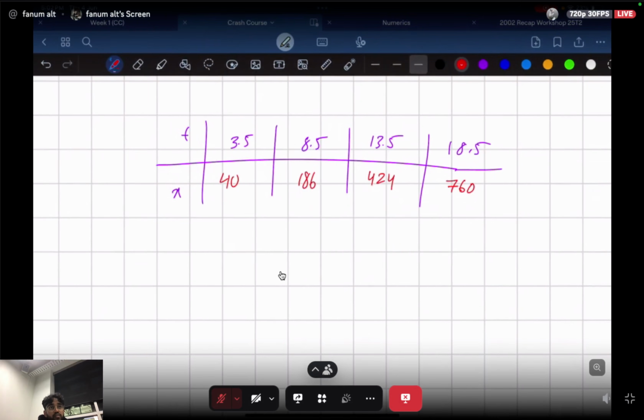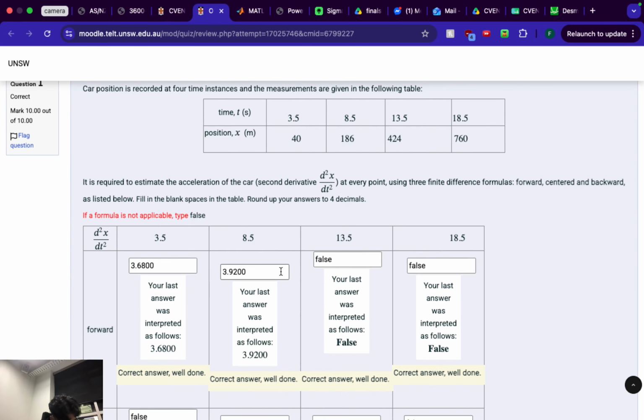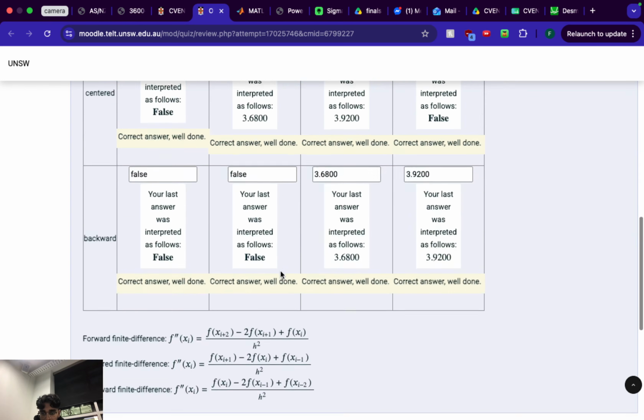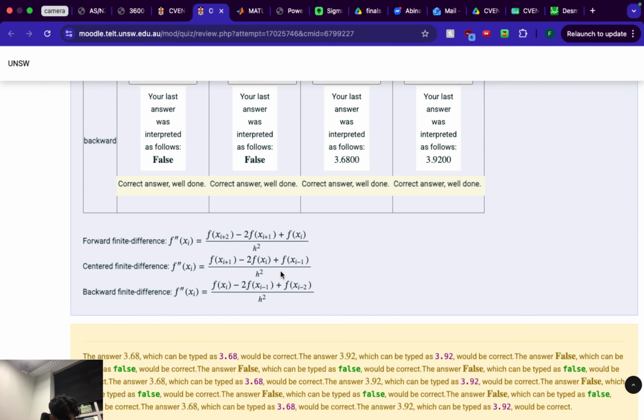So this is a table that I've drawn out for my forward finite difference. My equation is going to be f double dash of xi is equal to f of xi plus 2 minus 2f of xi plus 1 plus f of xi, all over h squared.